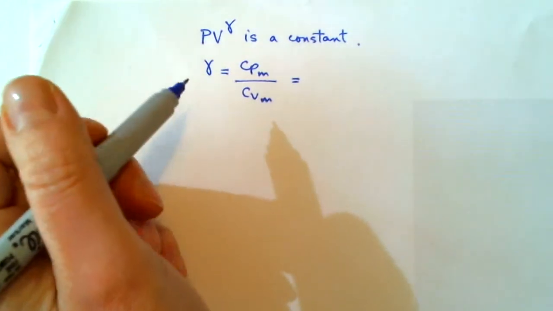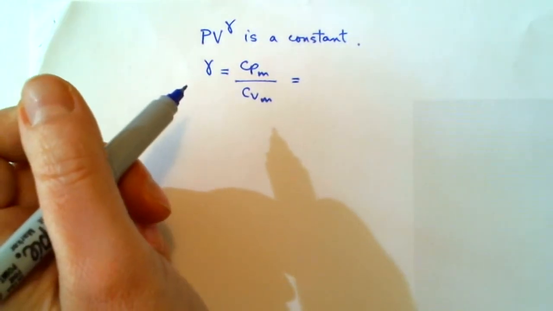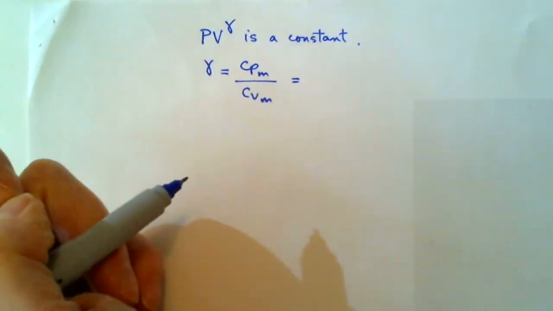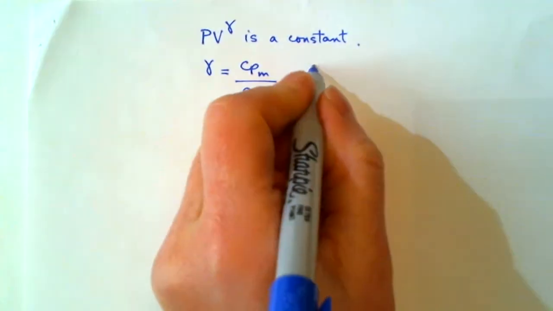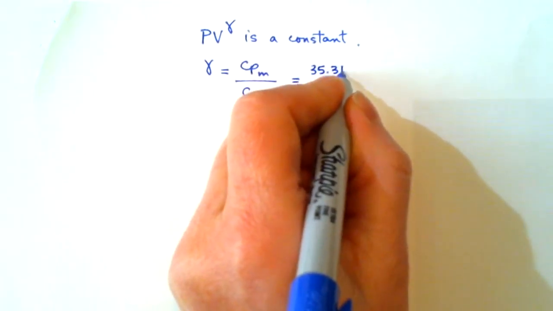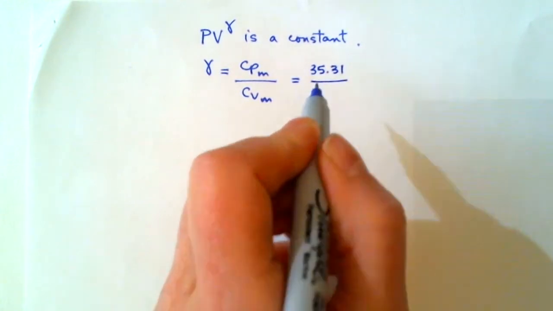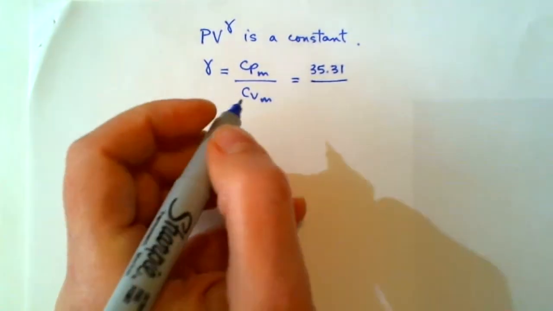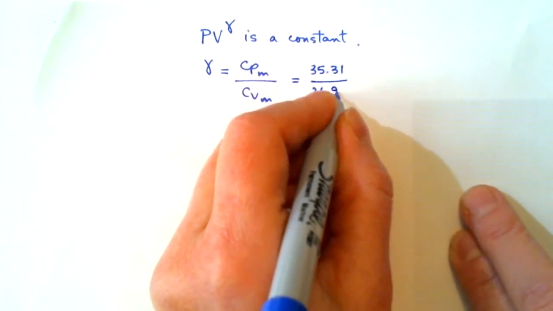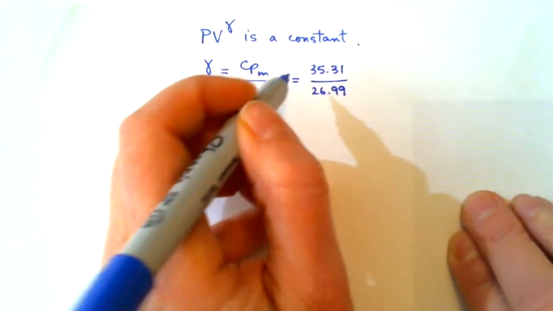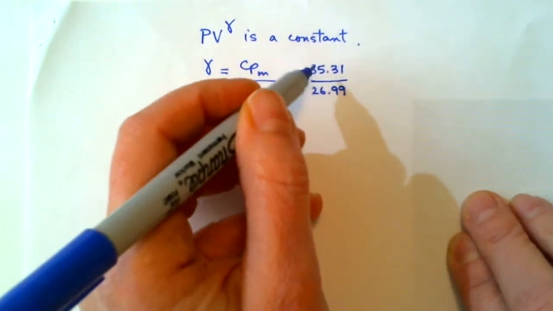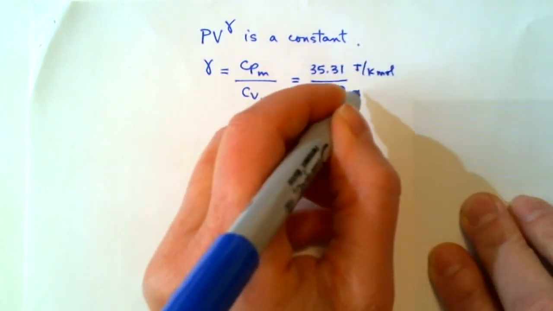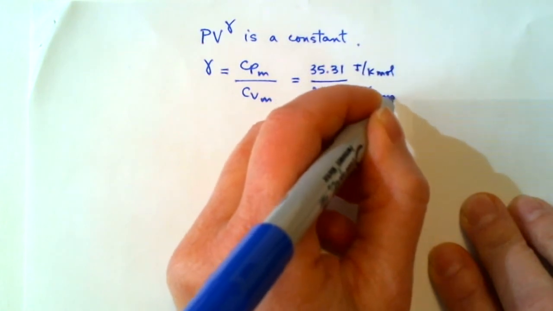And while we're at it, why don't we just figure out what that is? It's an easy ratio. It works out to 1.67 for ideal gases, but I'm going to use the real value here. So that was 35.31. I'm not going to put the units here yet. And Cv is that guy minus R, which was 26.99. Yeah, I know they have the same units. Joule per kmol, joule per kmol.